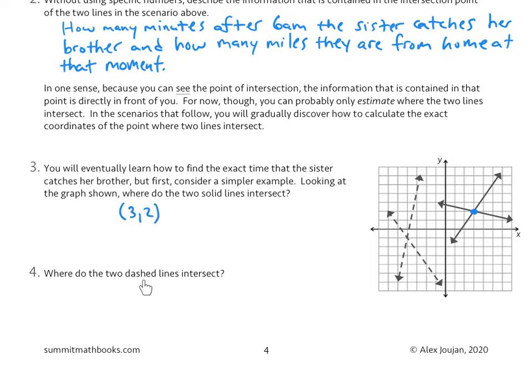Where do the two dashed lines intersect? Here's one dashed line, here's another dashed line. The point where they intersect is right here, and the coordinates of that point are -4, -1. So -4, -1 is the intersection point of the dashed lines.